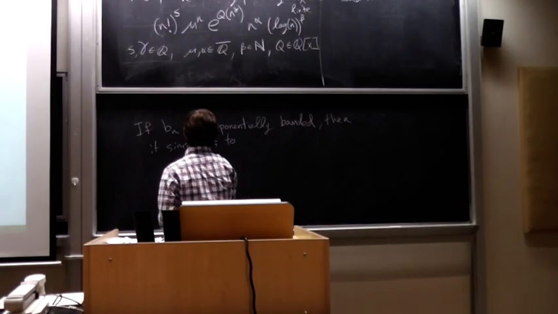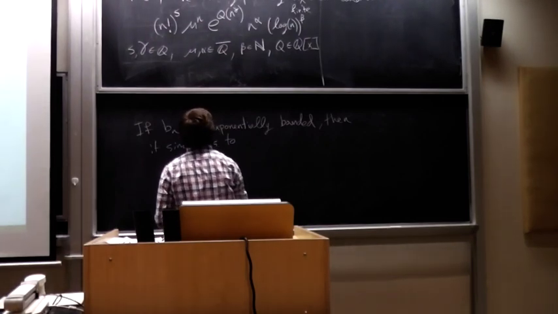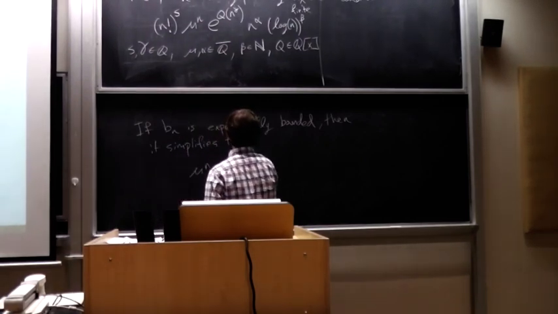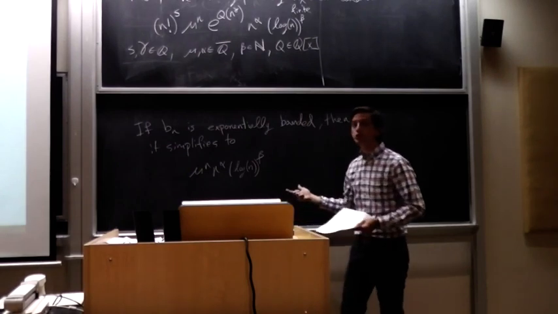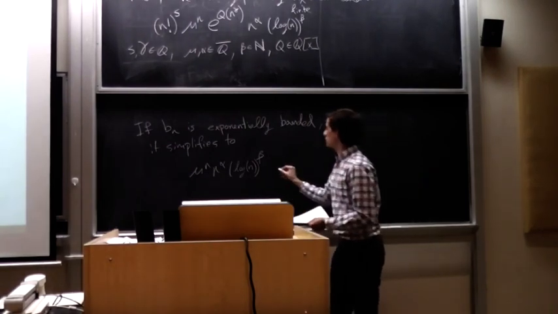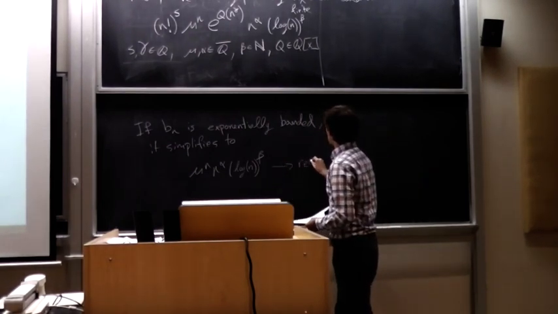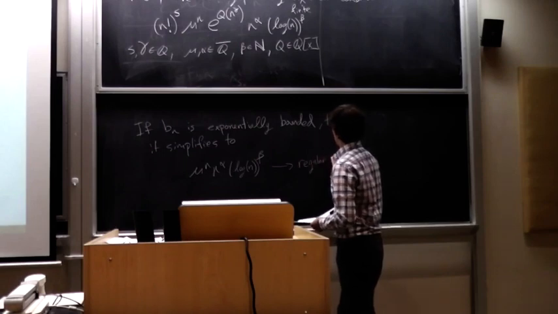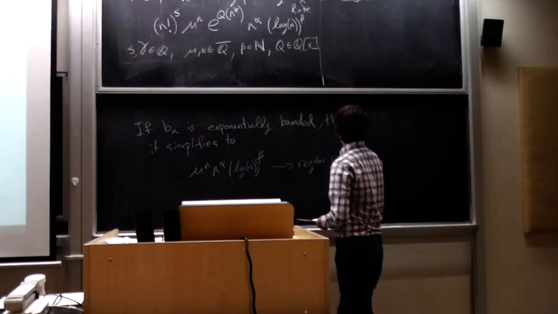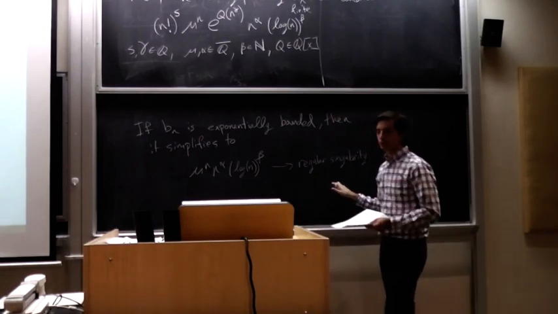And we're just left with a finite linear combination of mu to the n, n to the alpha, log n to the beta. This is actually the growth that most people know about for d-finite functions because it corresponds basically to when you have a regular singularity.